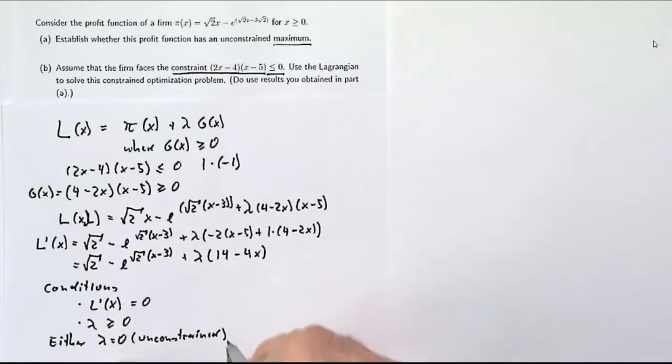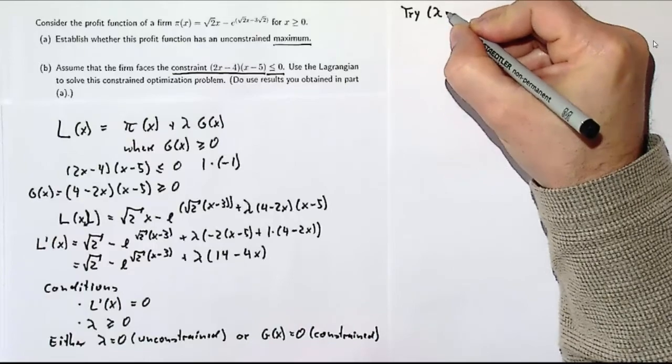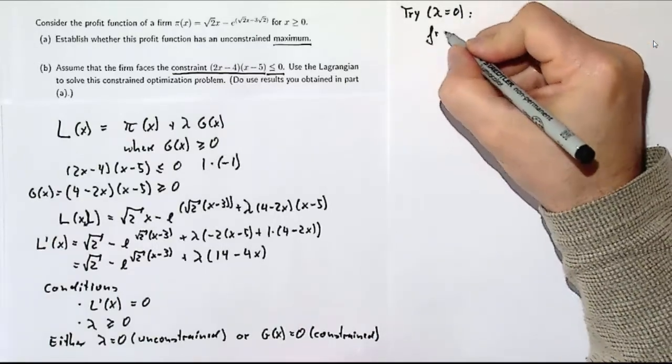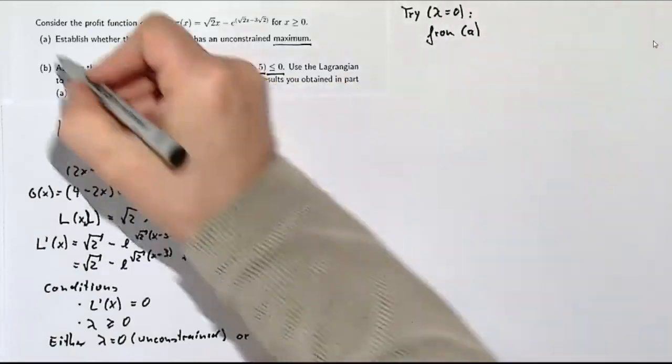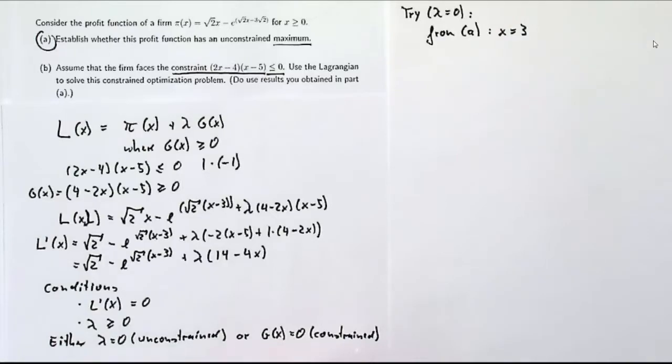And we will basically check two possible solutions: the one where lambda is equal to 0, which is the unconstrained solution, or the one where the constraint function is equal to 0, which is the constrained solution. Let us start, and that's quite good practice, with the unconstrained solution.